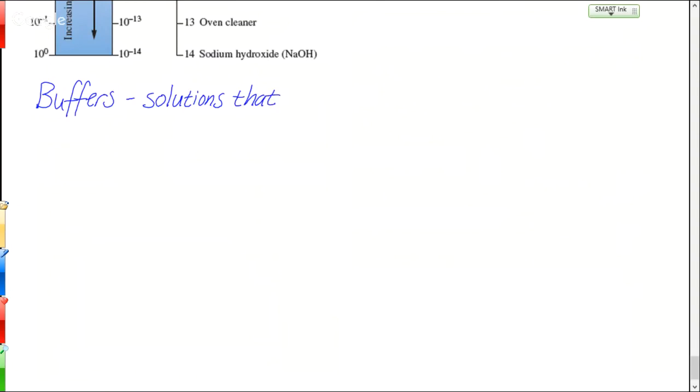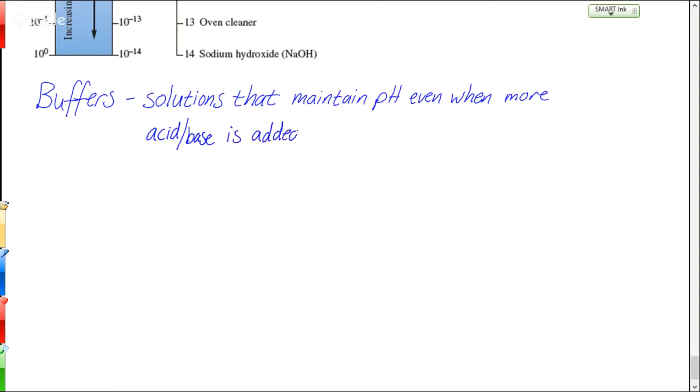Buffers are solutions that maintain their pH even when more acid or base is added.